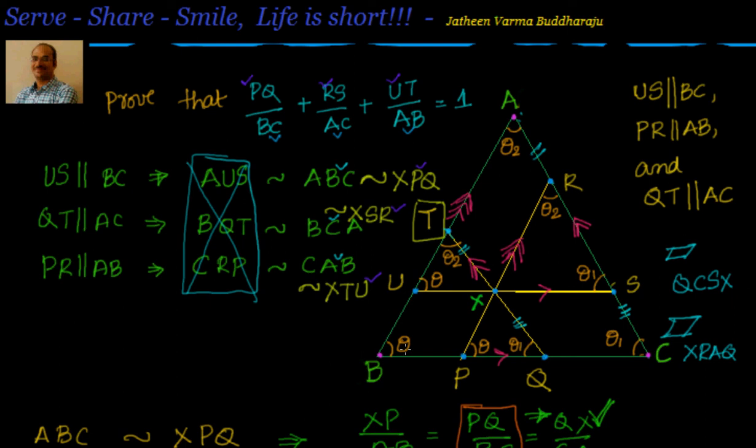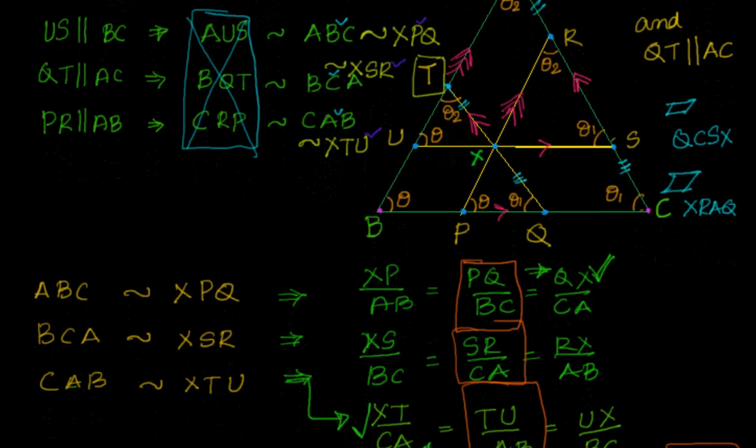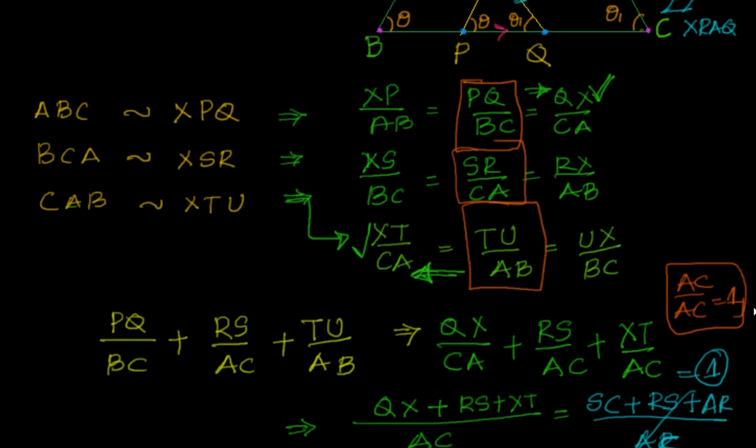So we did a little bit of homework and we checked that ABC and XPQ are also similar to each other because PR is parallel to AB and QT is parallel to AC. So we got three more similar triangles for ABC. ABC is similar to XPQ, BCA is similar to XSR, and CAB is similar to XTU.